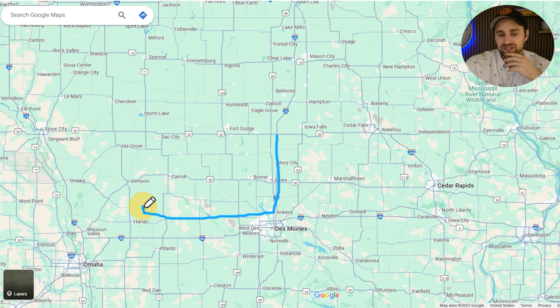But the areas that I'm really talking about are down I-35, kind of missing Des Moines, and then over here, actually kind of missing this area too. This is actually my hometown, but then we come up here and then over. This is going to be a lot of area that is flat, agricultural, cornfields, soybean fields, everything that has to do with agriculture. You're going to have a big concentration of that in these areas.